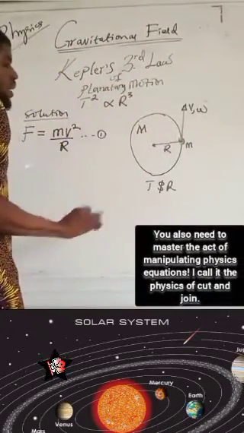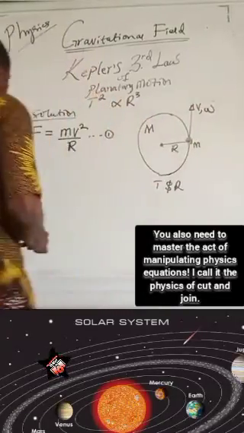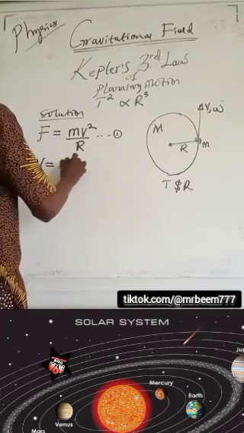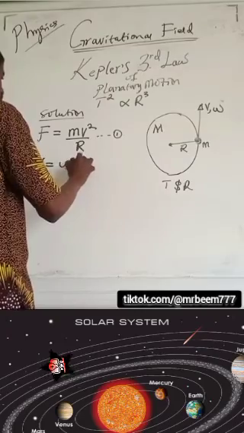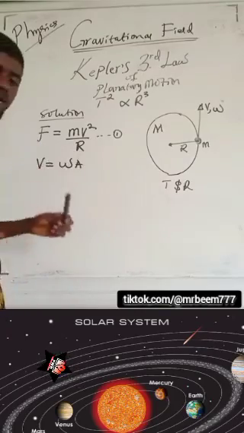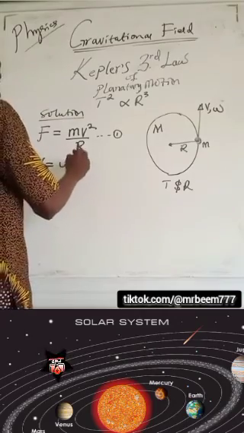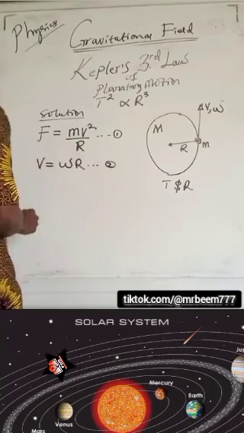And there is a mathematical relationship between angular velocity and tangential velocity: v is equal to omega r, or we can say omega capital R. You can call this equation number 2.